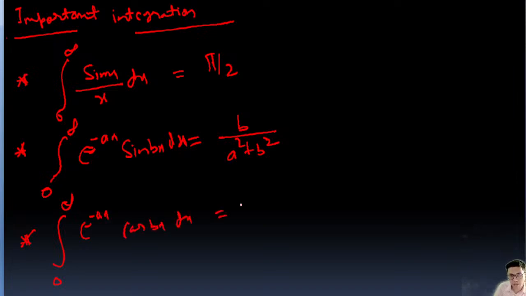So this is going to be a upon a square plus b square. Okay, so if there is a sine, then it is going to be b upon a square plus b square. If there is a cos, then a upon a square plus b square.